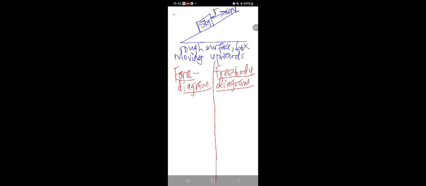So let's see here. Already this one is a force applied. Then it's a rough surface, guys, and it's moving. What is the motion, guys? We say the motion is upward, but let's draw the force which is always acting on all objects: the force of gravity, the gravitational force, or the weight.